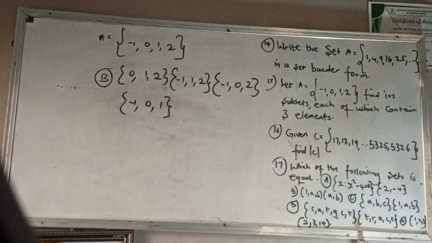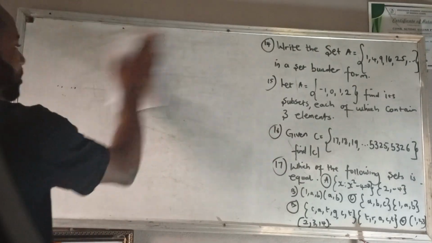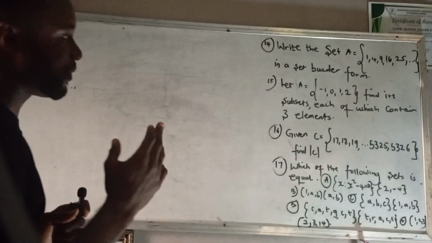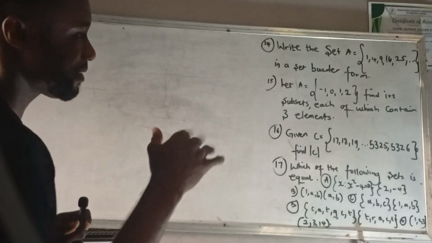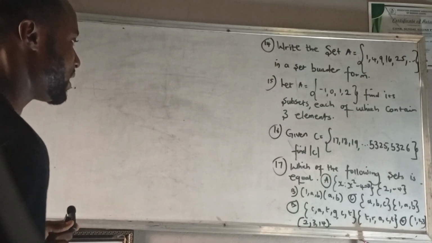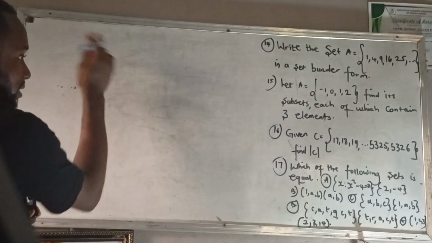We move to 16. Question 16 says, given that C is equal to {17, 18, 19, ..., 5325, 5326}, find the cardinality of C. They call it the absolute value of C sometimes.